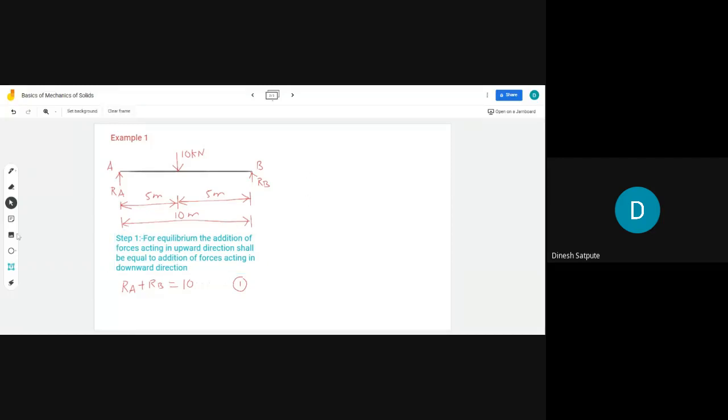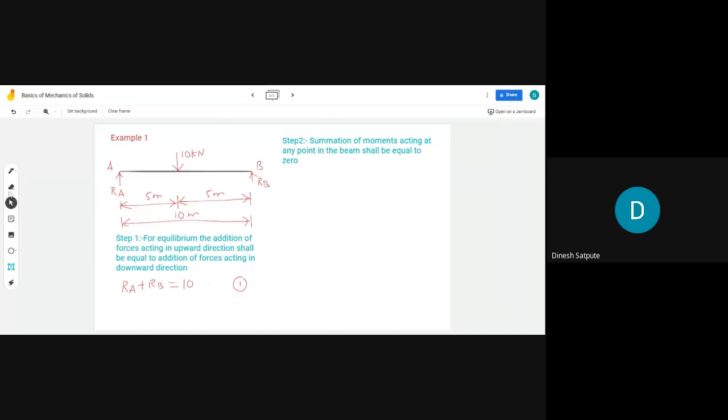The next step is step 2: the summation, or you can say addition, of moments acting at any point in the beam shall be equal to 0. Correct?